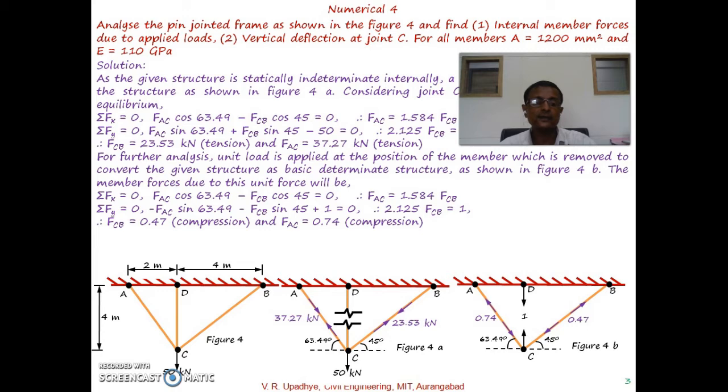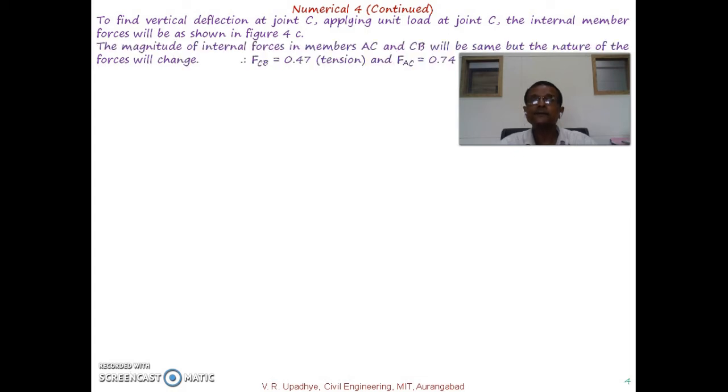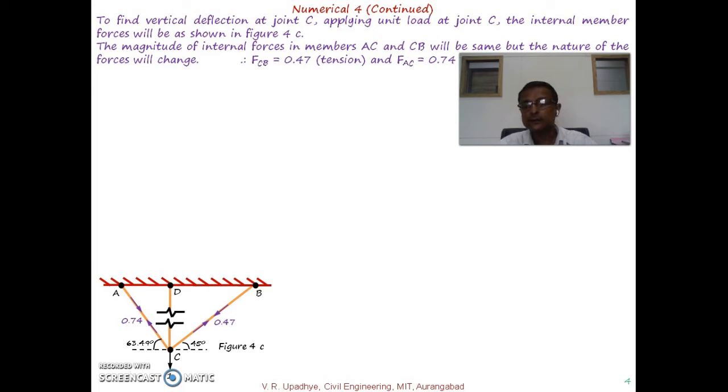Now further what is required? Now in addition to internal member forces in the original structure, we need to find a vertical deflection at joint C. So now we need to apply unit load at that particular position where vertical deflection is to be calculated. So we'll go through that. To find a vertical deflection at joint C, applying a unit load at joint C, the internal member forces will be as shown in this figure 4C. So now we are applying unit load over here, and in basic determinate structure what are the internal forces.